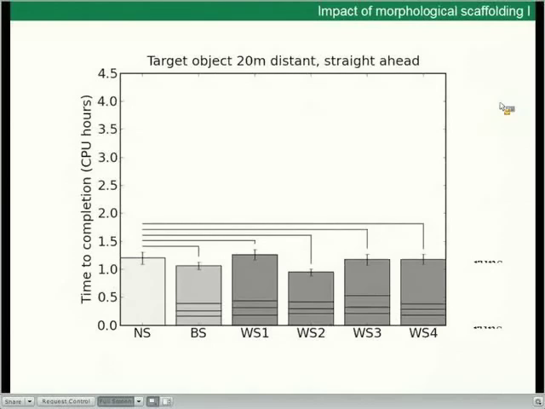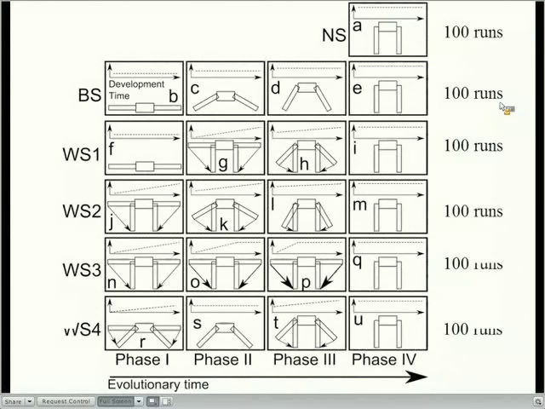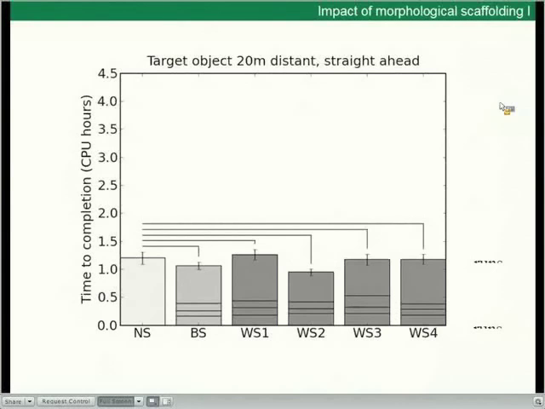So it takes a little while to figure out how to walk with its belly on the ground. It then rapidly transitions through these partial developmental trajectories until it comes to this 4th and final phase, which is the same over all 6 regimes, where the robot starts upright and ends upright. As you can see, it takes less time than when you start the run like that. But there's no statistical significance between these.